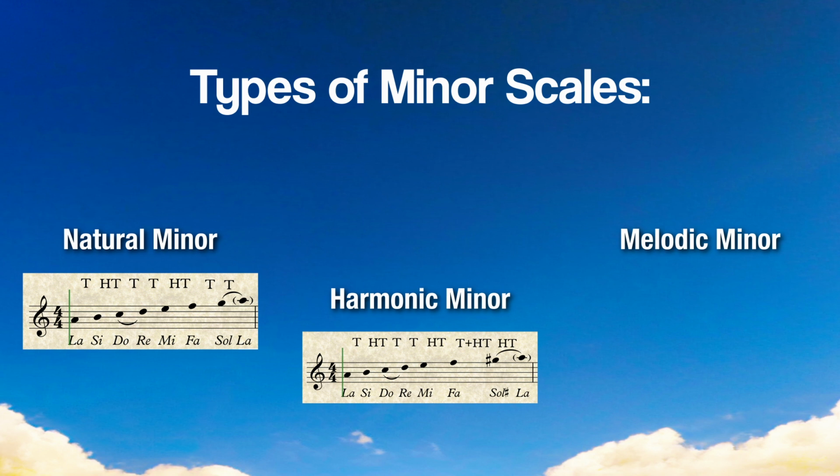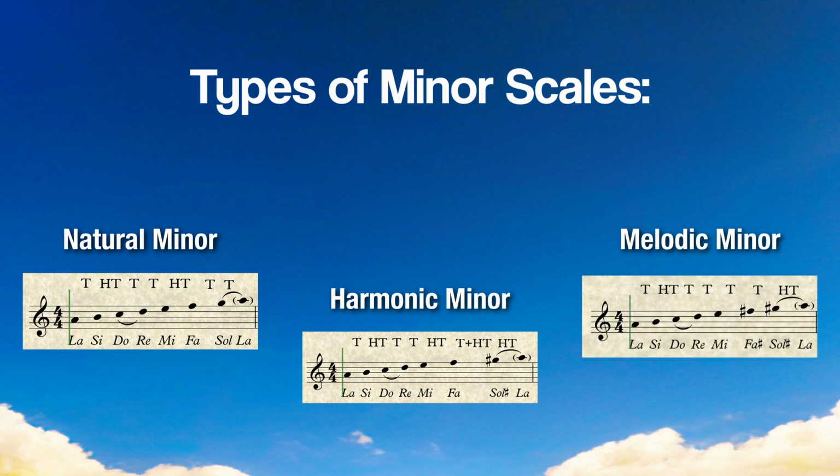The melodic minor scale, which has both a sharp 6th degree and a sharp 7th degree, has a flavor more similar to the major scale, differing in the flat 3rd degree, which gives it a more melancholic mood.